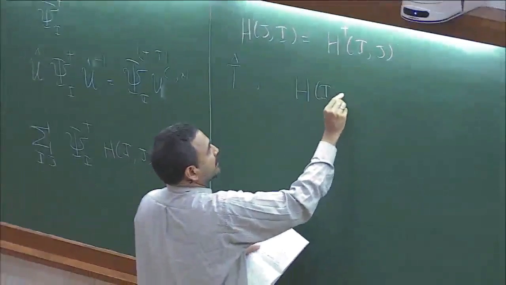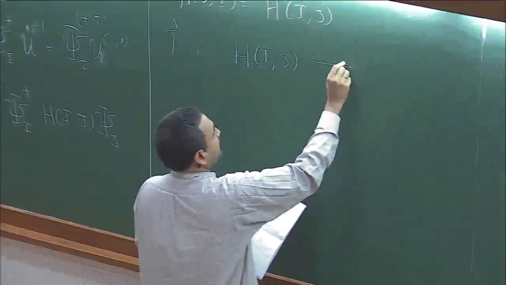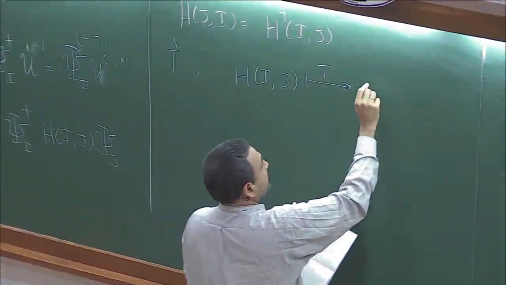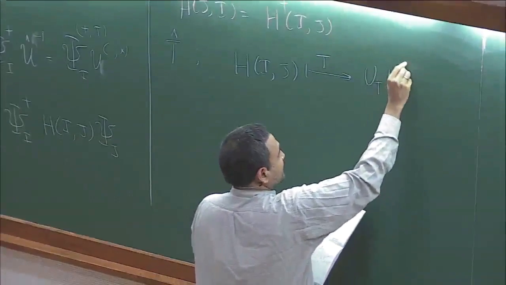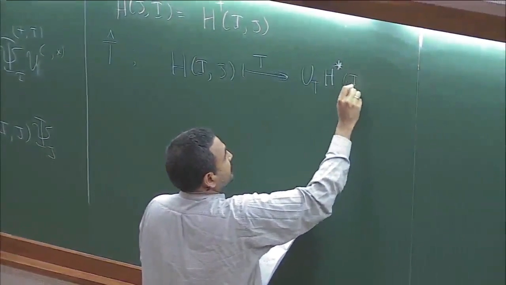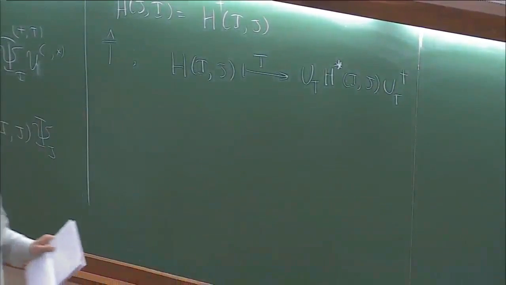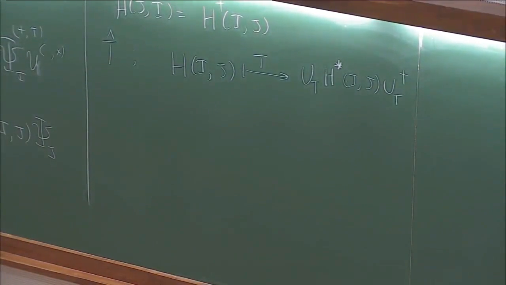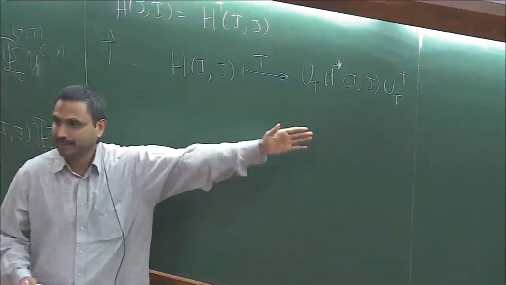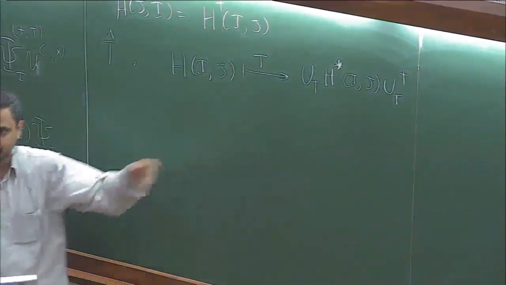Under the action of T, Hij will go to Ut H star ij. That's what it will do. So the symmetry condition means I will have to equate this to that. That will be the symmetry condition.